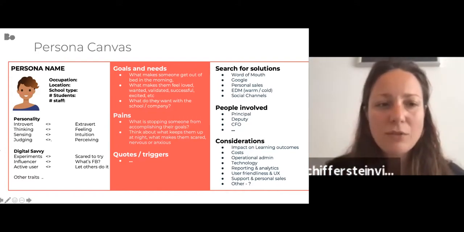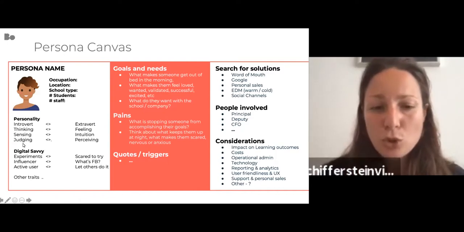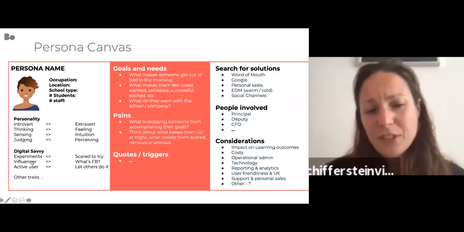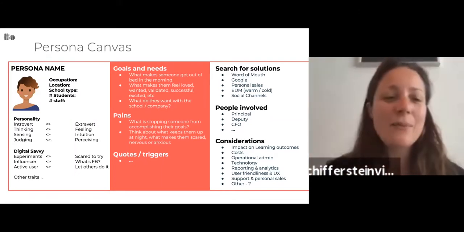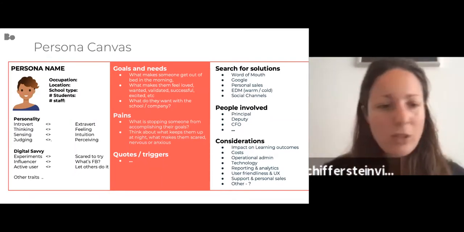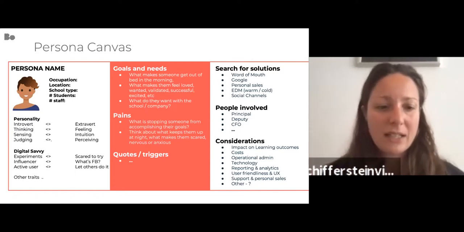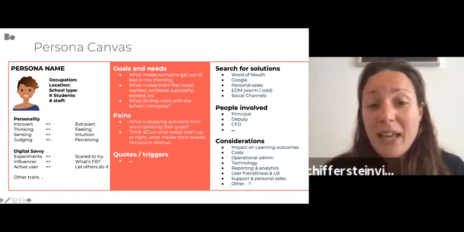But then you dive into their personalities, and that really informs how you speak to this person. Are they digital savvy? That's very often the case in education technology, and it's important to know, in terms of how you need to support them, with teacher training, etc. What are their goals and needs? What are their pains?